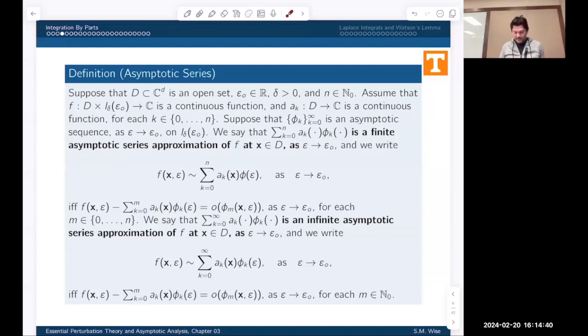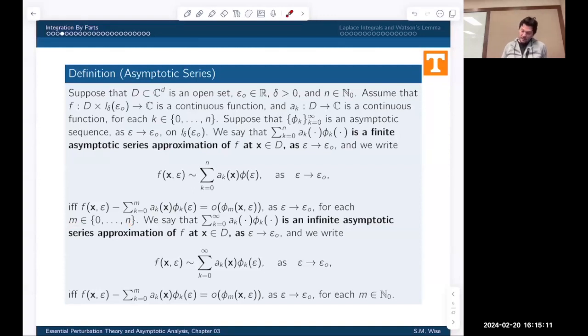So F minus the mth partial sum is equal to little o of phi m, the mth term in that asymptotic sequence, for each m up to and including n.